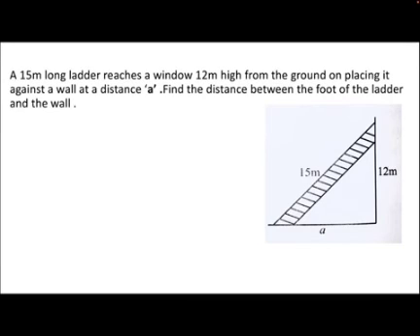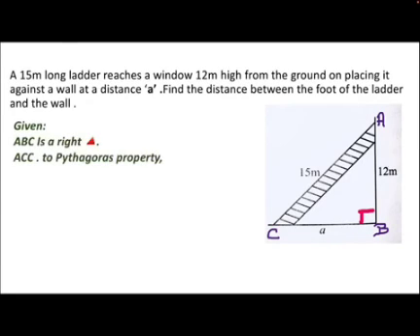Just imagine that corner, the edge where the wall meets the ground, it is a right angle. And imagine you have placed a ladder. So that is the right angle.